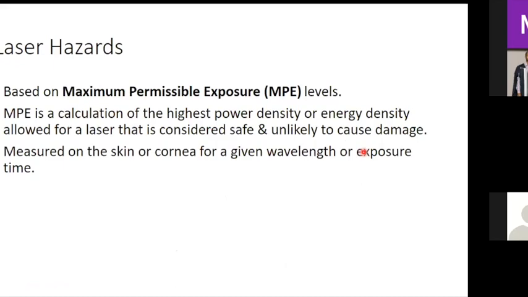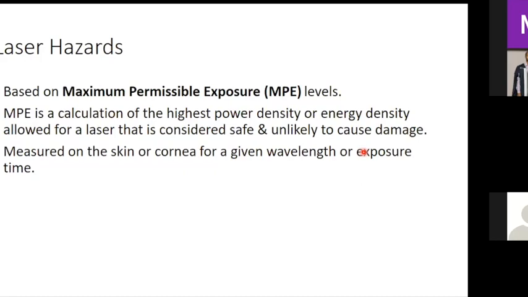So nothing comes without disadvantages, but we need to measure those disadvantages. Laser unfortunately has some hazards, but we can measure those hazards using what is called MPE, which is maximum permissible exposure levels. This is basically just a calculation of the highest power density. If you remember, we spoke about power density when talking about how the laser interacts with the tissues, and the danger, or the energy density.